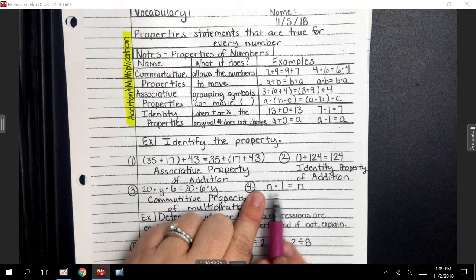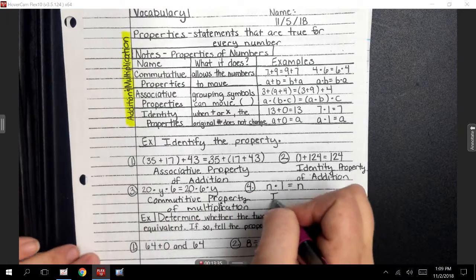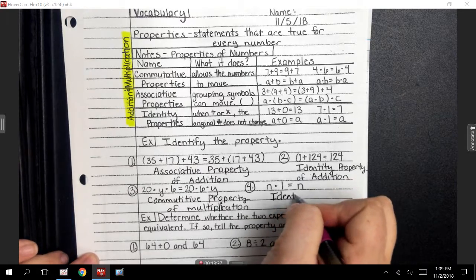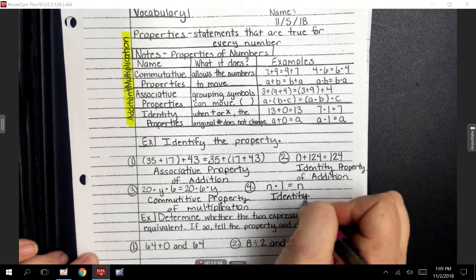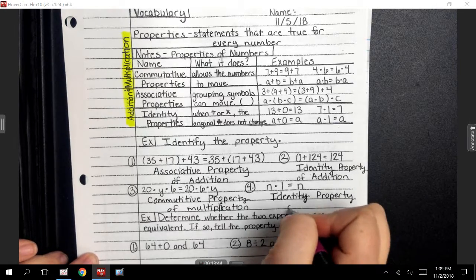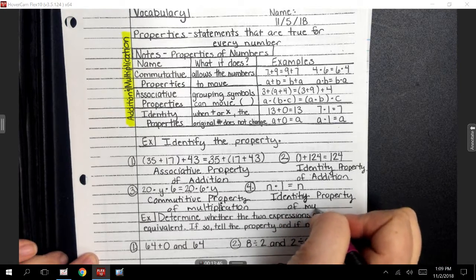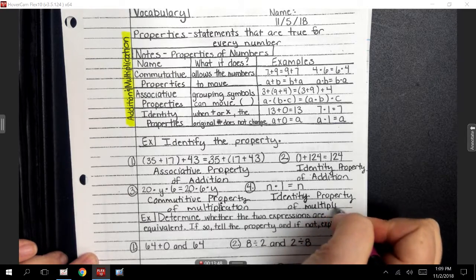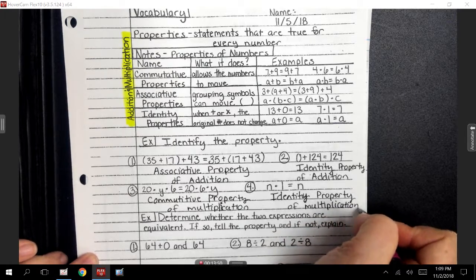Some number. Did it change? No. So this is going to be an identity property, and this time we're going to write of multiplication because we're multiplying.